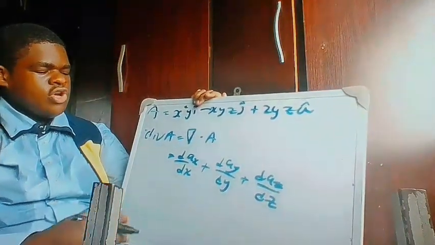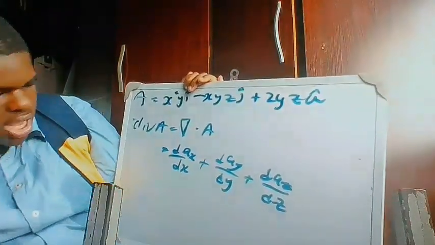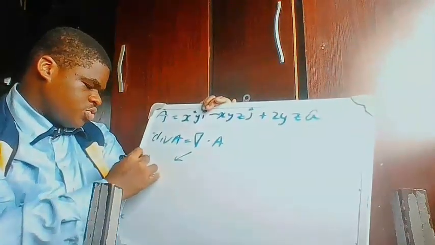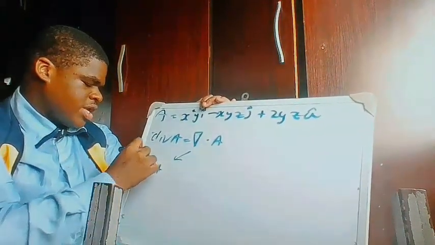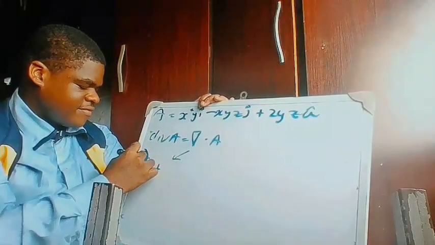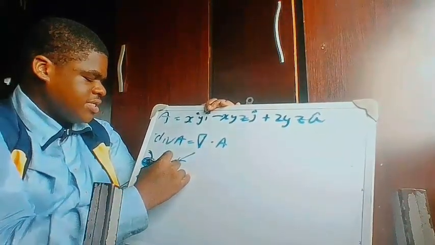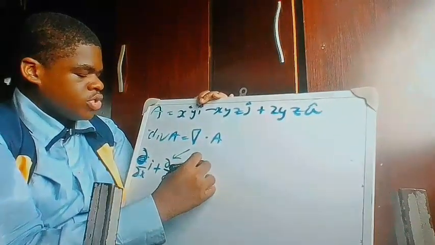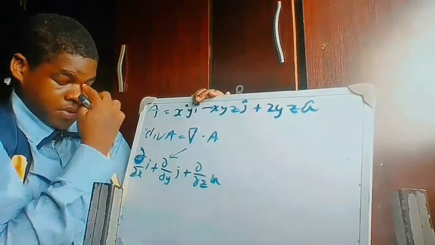I don't really know if I should explain why this is the simplified version, but I am just going to explain that. Nabla on its own is equal to the partial derivative d dx i plus partial d dy j plus partial d dz k.